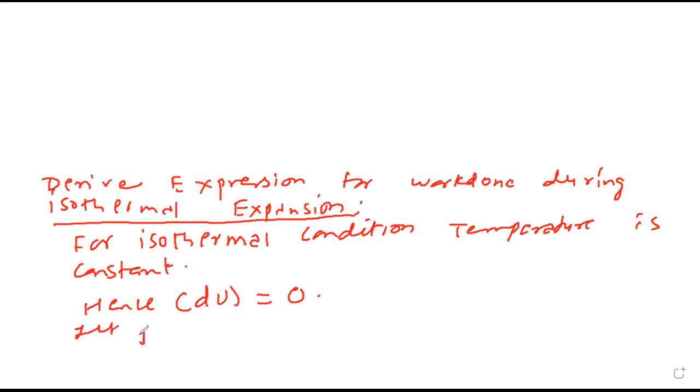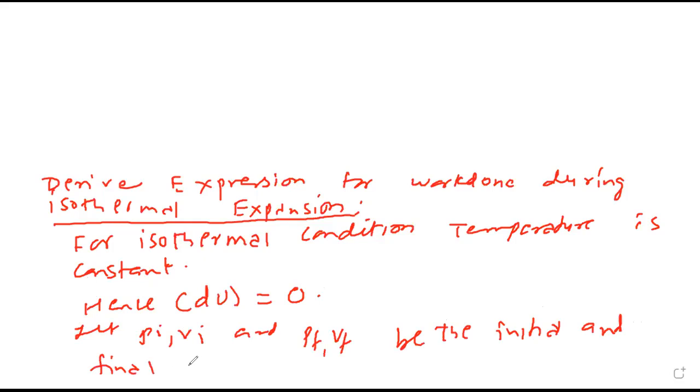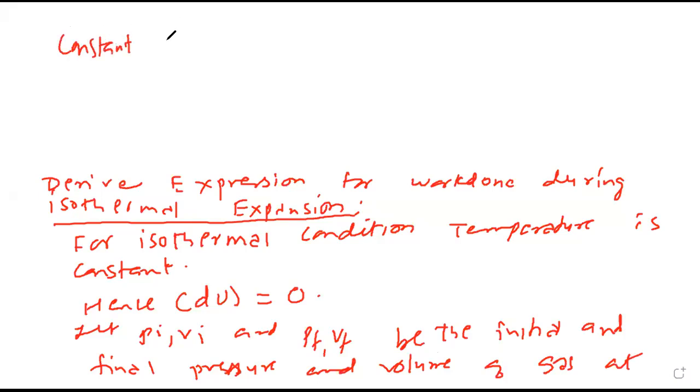Let Pi, Vi and Pf, Vf be the initial and final pressure and volume of gas at constant temperature.